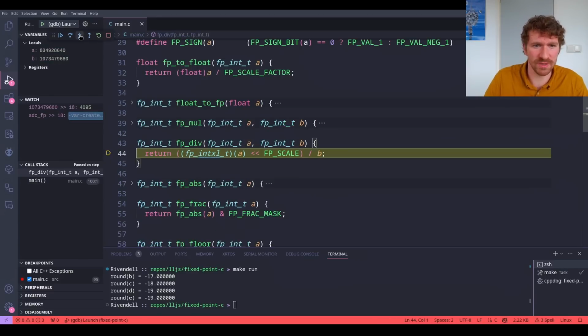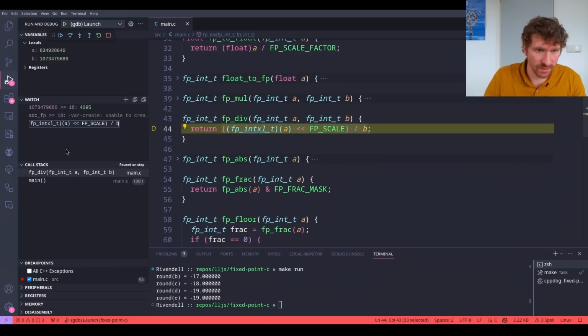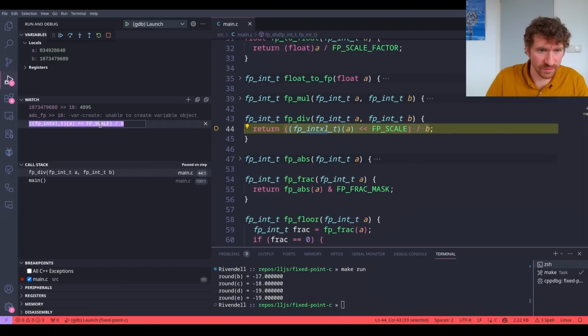So let's go into the division first. We're going to make A into a larger integer, shift it up by the scale, and then divide it by B. So let's just see what the resulting operation there is. I'm not sure if I can plug this all into the watch window here. No, because it doesn't know about the scale.